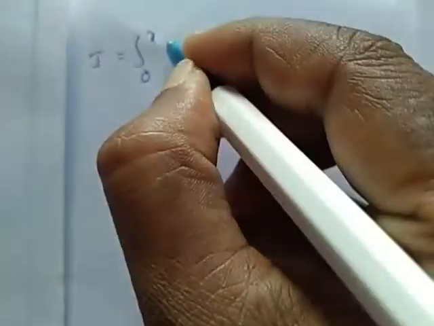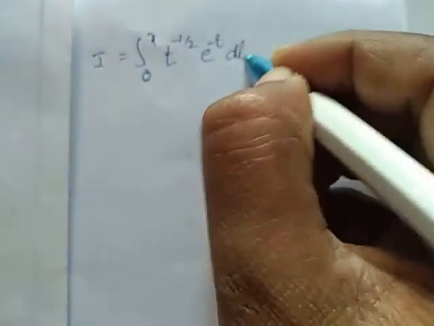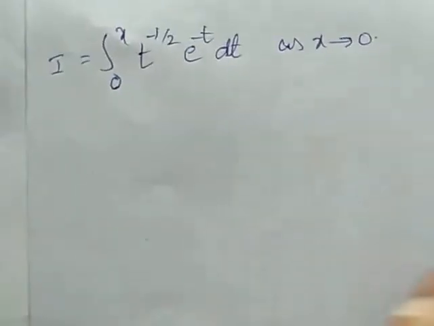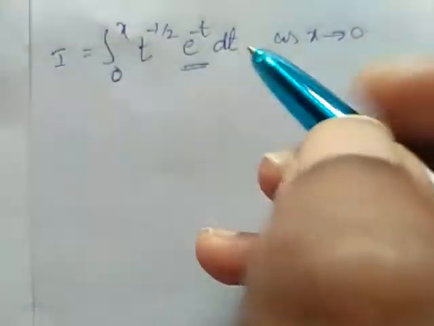If I consider some other example, suppose I is the integral from 0 to x of t power minus 1 by 2 e power minus t dt, as x tends to 0. We know the expansion for e power x also.